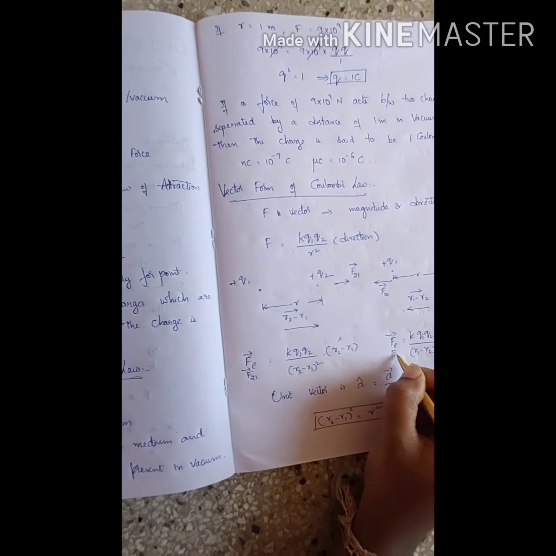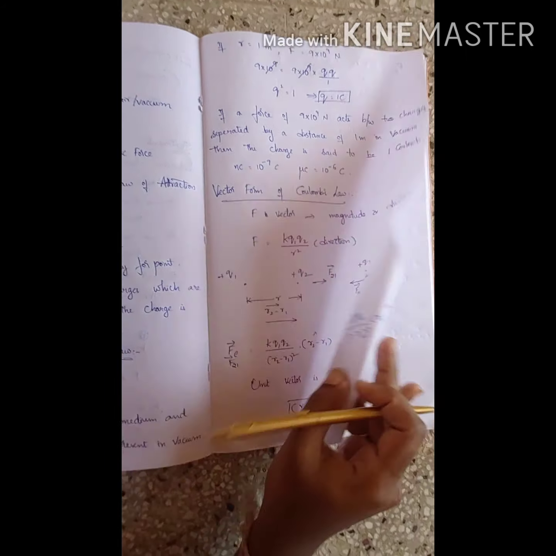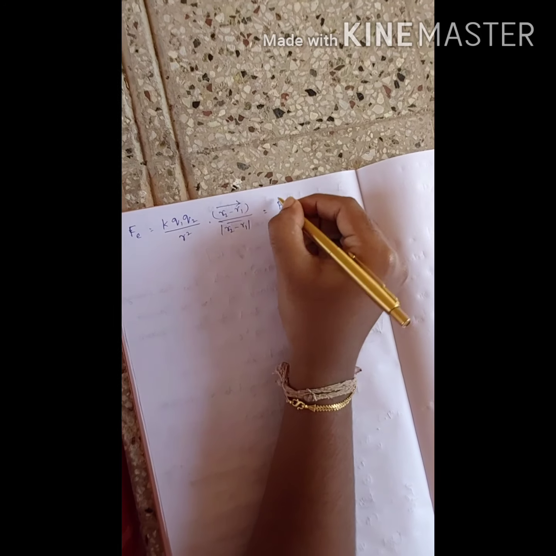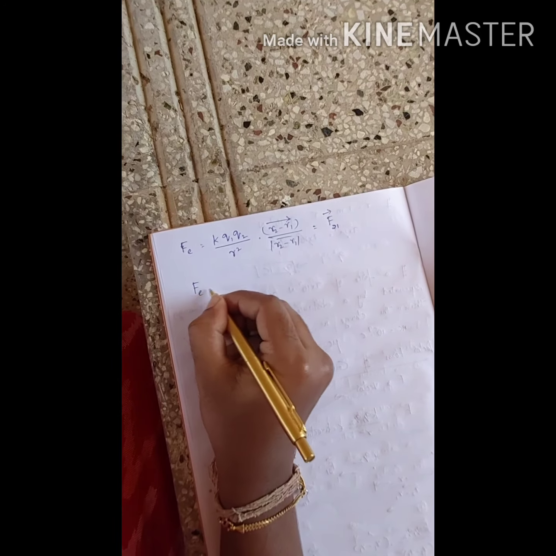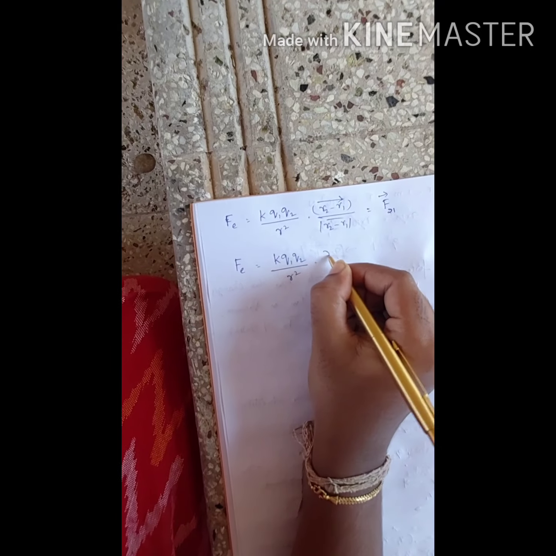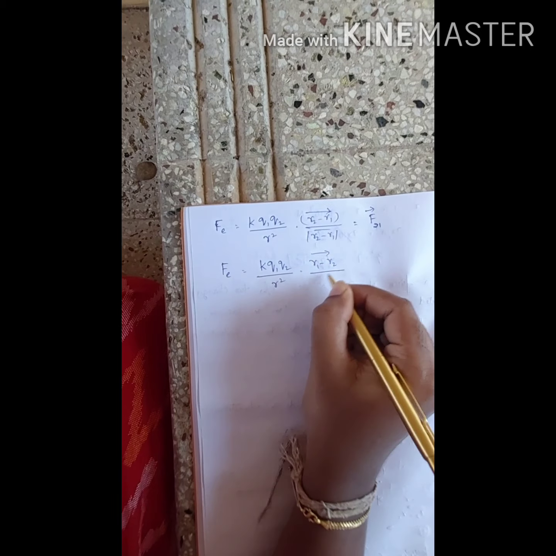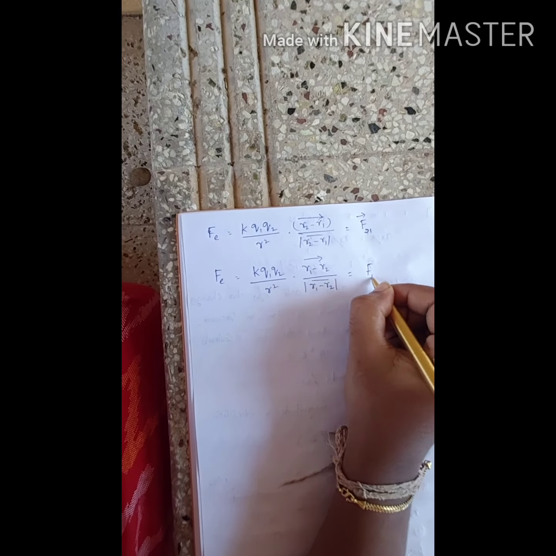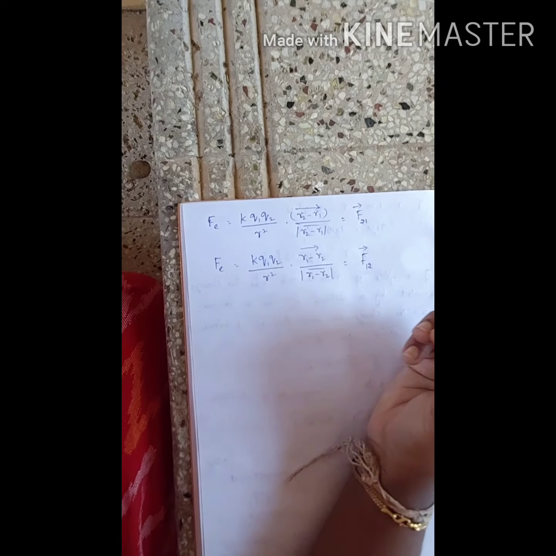This is force of 12 bar. So it is force on 2 due to 1. Now K Q1 Q2 by R square, R1 minus R2 bar by mod of R1 minus R2. So it is force on 1 due to 2.